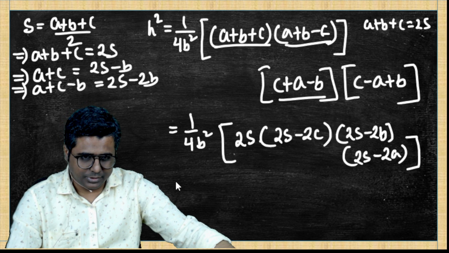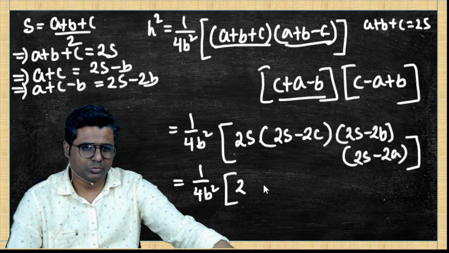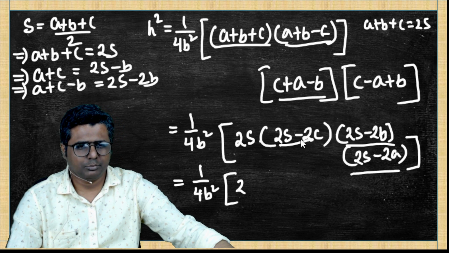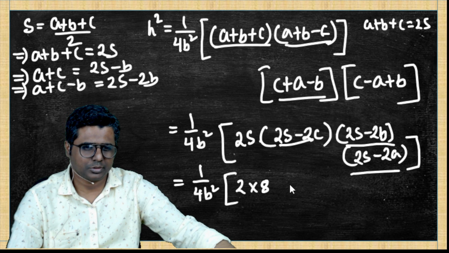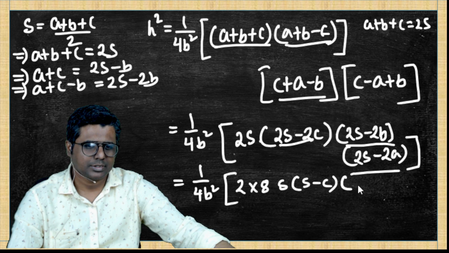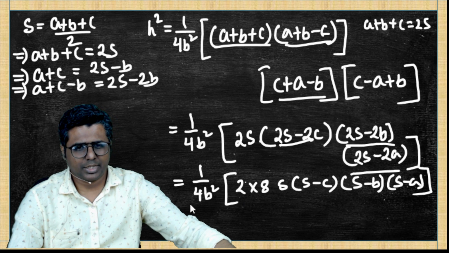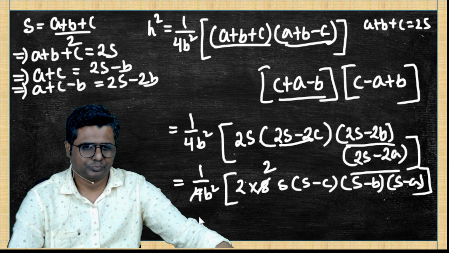Anyhow, here if you see, I can take many 2's common, right? 2, here 2, another 2, another 2. So there will be 2 into 2 into 2 into 2, that is 16. s minus c, s minus b, s minus a. So I can easily cancel this out. This will come out to be 2.